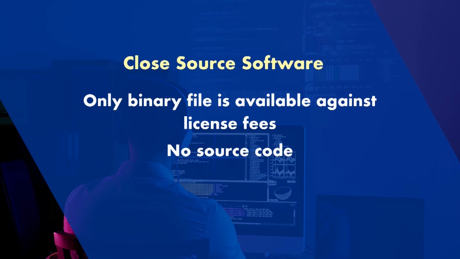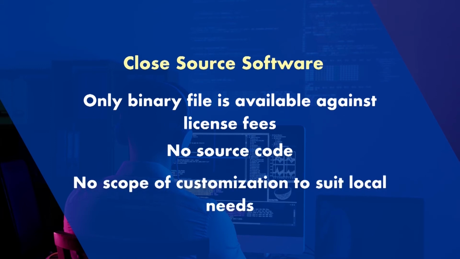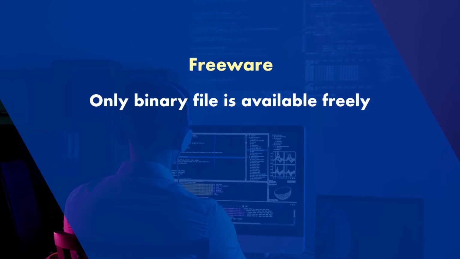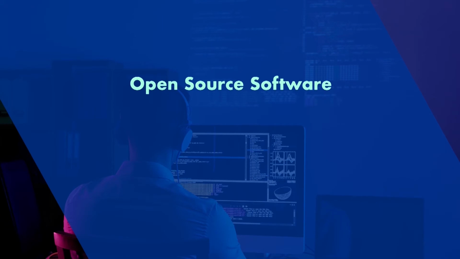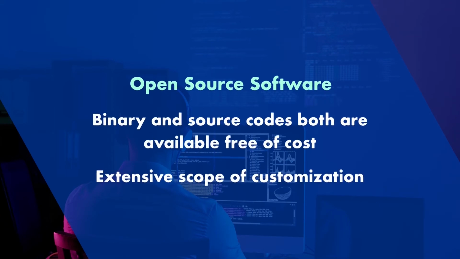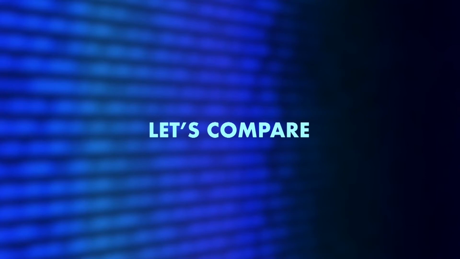No source code is available, so there is no scope for customization. For freeware, only the binary file is available, free of cost, with no source code, so you cannot customize. But with open source, both binary and source code are available free of cost, with extensive scope of customization. So this is another way of looking at the differences.